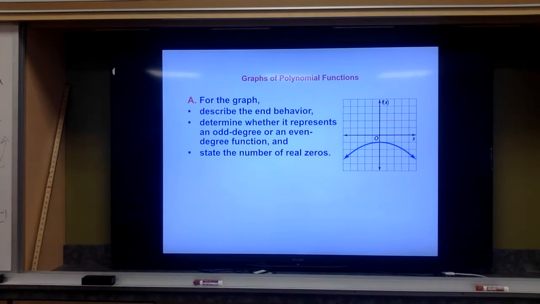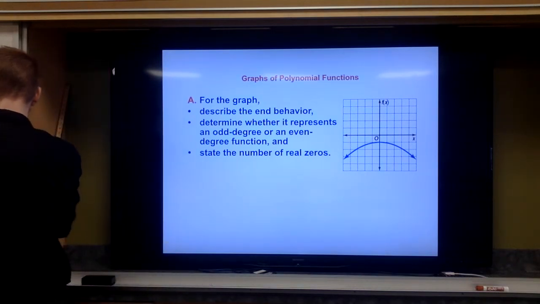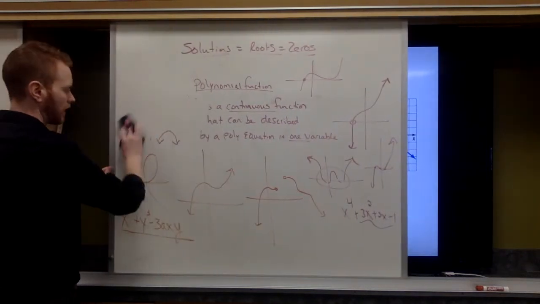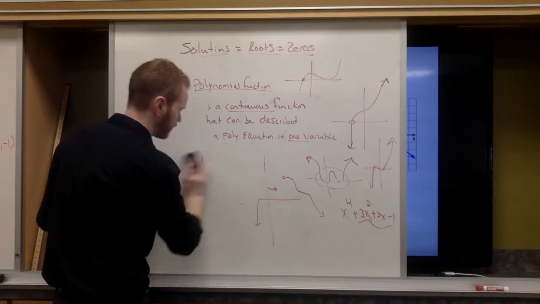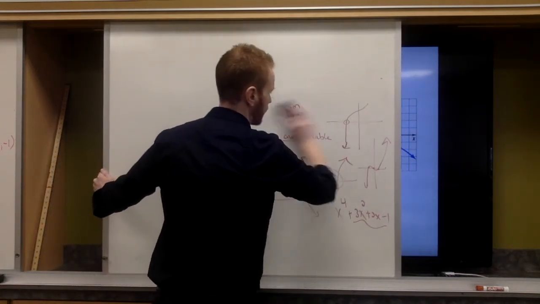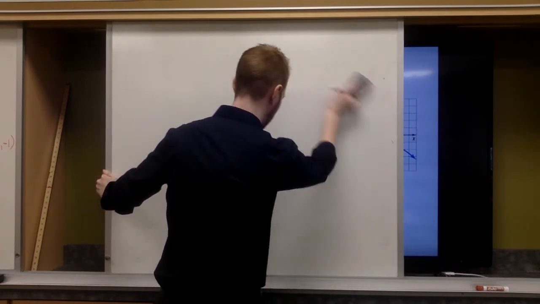So looking at this guy, I could tell that the end behavior, okay, let me tell you what. I'm going to redraw it on here. It's going to be difficult to go back and forth. Let me just go ahead and... Sorry.